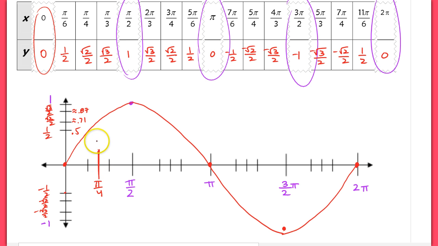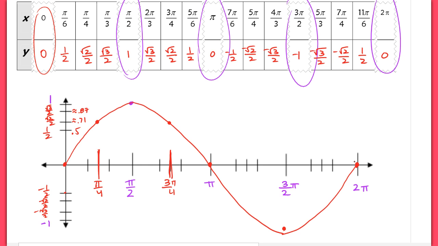That means I'm right in the middle, which is that root 2 over 2 value, right? And I could keep doing that and demonstrate to you guys. So that next one is 3 pi over 4. And in that case, again, I'm right back at the middle value of about 0.71 right there. So you will see that it is a smooth curve, and that's what your sine curve looks like.